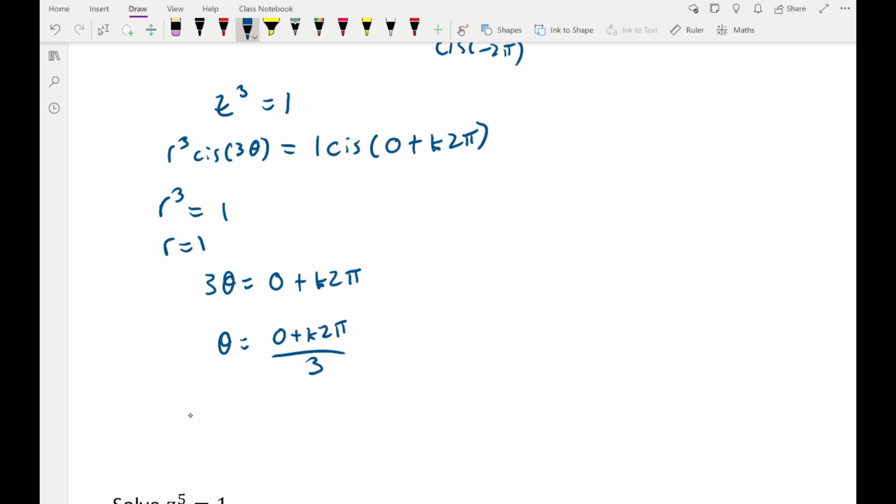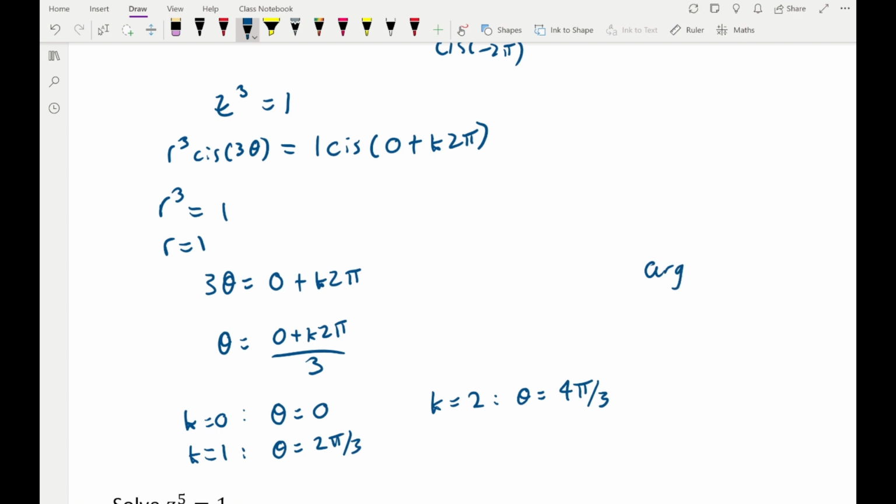So we set k equal to 0, and we get theta equals 0 over 3. If k equals 1, we get theta equals 1 lot of 2 pi over 3. If k equals 2, then theta equals 2 lots of 2 pi over 3, which is 4 pi over 3.